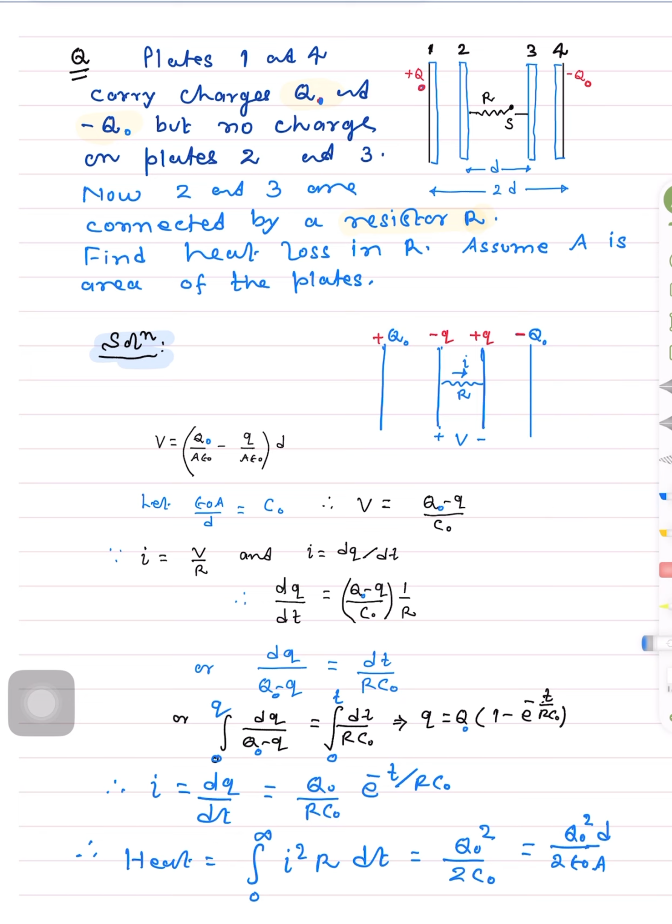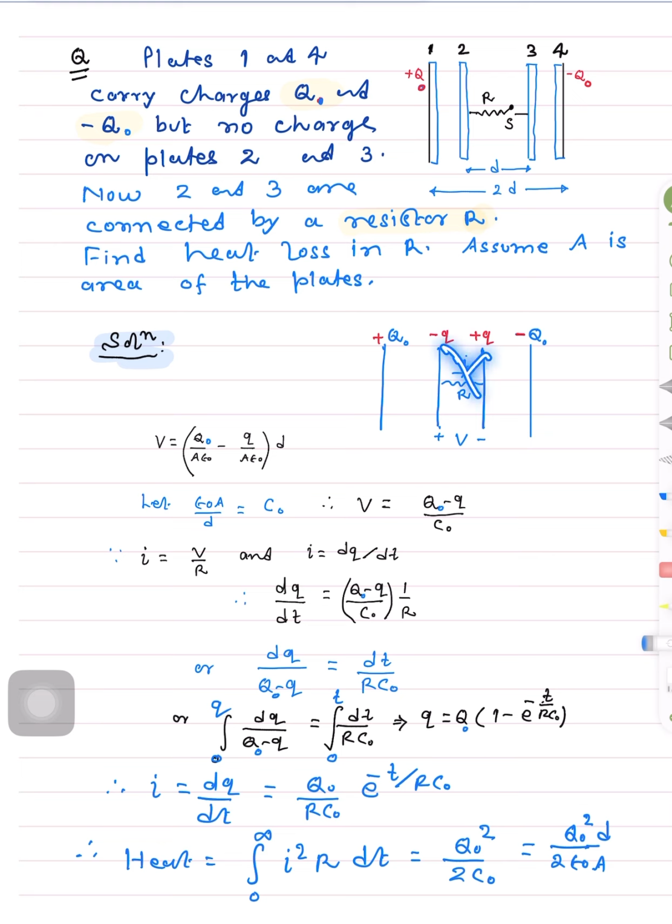And after these two plates are shorted, effective separation between these plates will reduce by distance d. So final capacitance will be how much? Epsilon naught A by simply d. These two distances will add up to give net effective separation between these plates, because these plates are now shorted, so there will be no electric field here finally. So they will not contribute in potential difference, right?